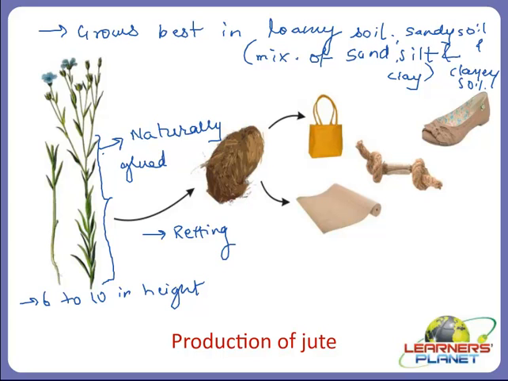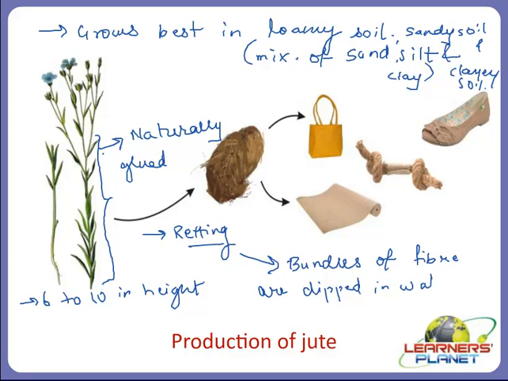So what is done? Bundles of the jute fiber are dipped in water, which rots the stems and separates the fibers. That is why it is termed the retting process. So what is retting? The bundles of jute fiber are first dipped in water.